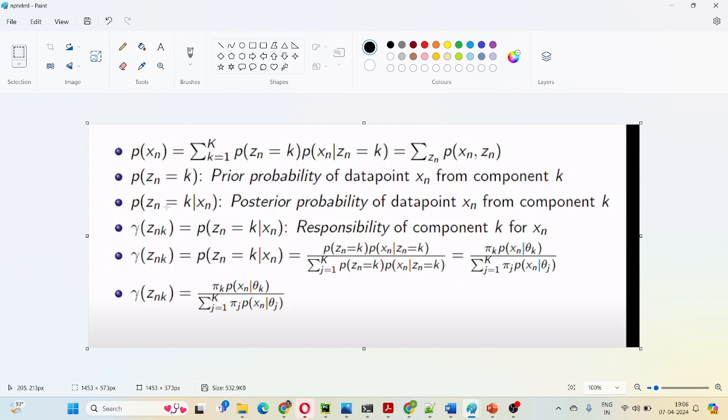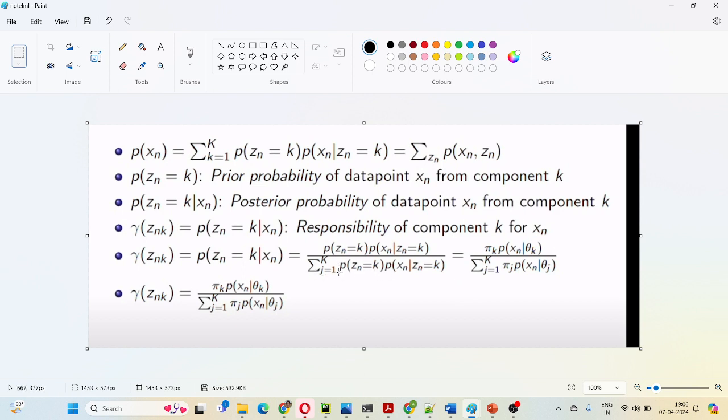It is the posterior of zn with respect to xn. Just from Bayes rule, it's nothing difficult here. The summation is wrong here, I think j, it will not be j.